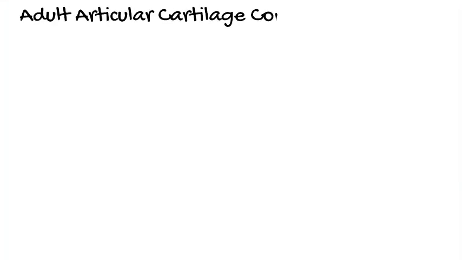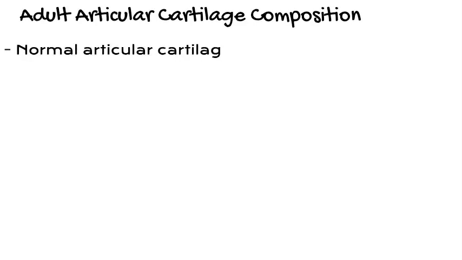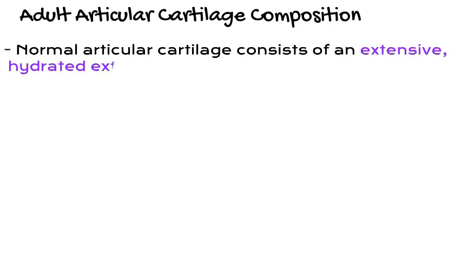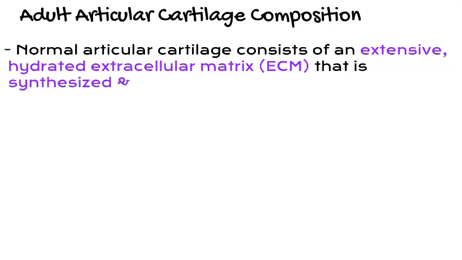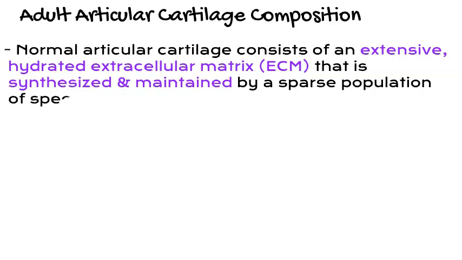Adult articular cartilage composition. Normal articular cartilage consists of an extensive hydrated extracellular matrix (ECM) that is synthesized and maintained by a sparse population of specialized cells, the chondrocytes.